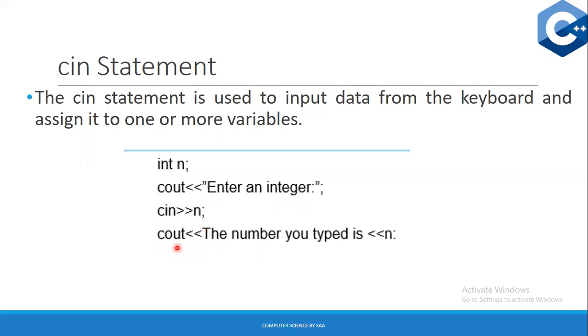We have used the cout statement: the number you typed is n. Here it has some mistake. I have just noticed that I have missed the double quotation marks in the cout statement. It will be a syntax error. So now let's execute the cin statement on Dev C++ so that you can understand it in a better way.